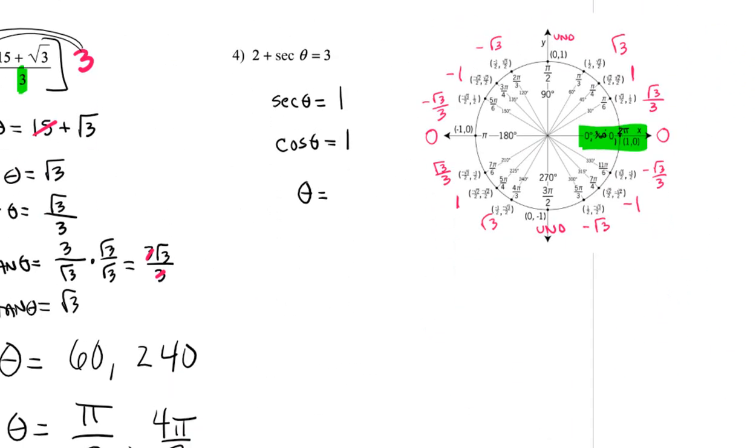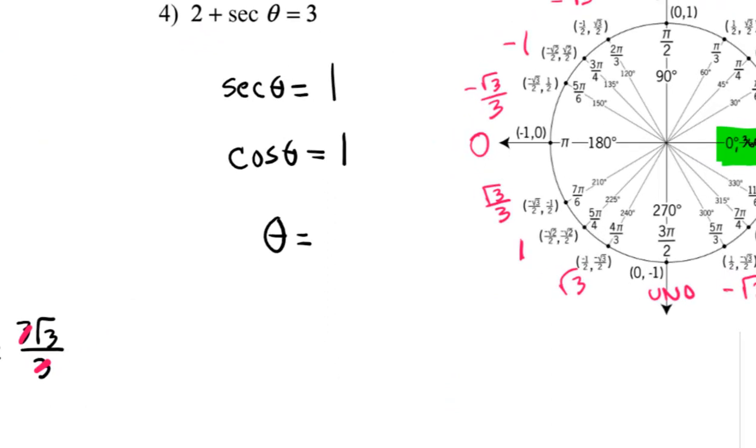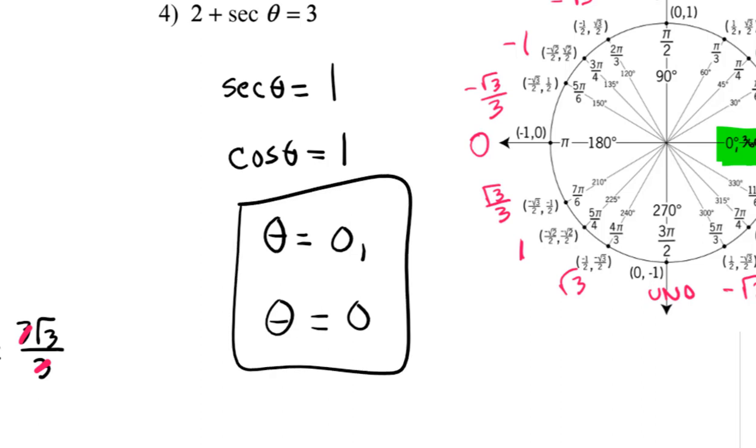So when you write your answer, only one of those 2 values is the answer. So just 0 degrees. The 360 does not work because of our domain restriction. And then the same thing in radians. So in radians, that's also 0 pi, but you don't write the pi, you just write 0. And that's a wrap. So that is example number 4 right there. So your radian and degree are both the same because they are 0.